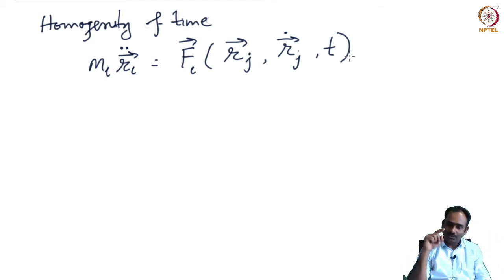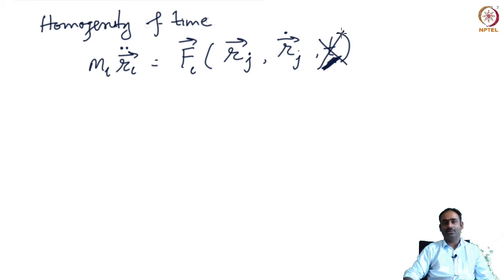But that can happen only if the forces do not change over time, right? If I start the experiment 1 million years later, and because of time dependence the forces change, everything will change. The evolution of the system will not be the same if the forces depended on time. So clearly, this t cannot appear in the force.